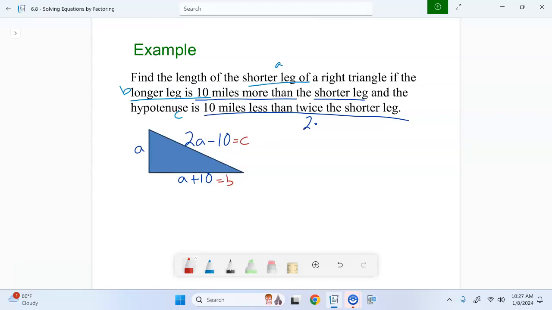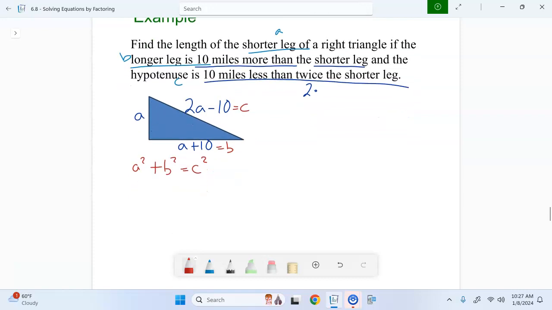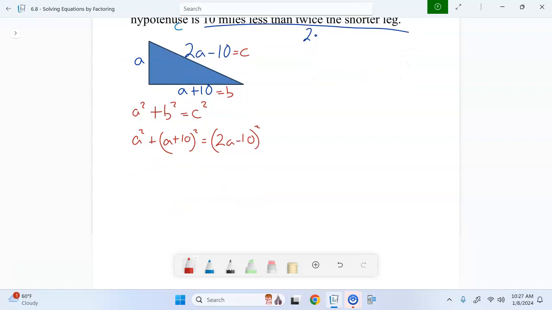So that's c, and that's b. Now we can use our Pythagorean theorem, a squared plus b squared equals c squared. We'll plug in the values that we have to represent each of those sides. And then we need to get it in standard form. First thing we'll want to do is expand it. If we use our perfect square trinomial formula, we know that the sum of two terms squared is going to be the first term squared, double the product of the two terms, and then the last term squared.